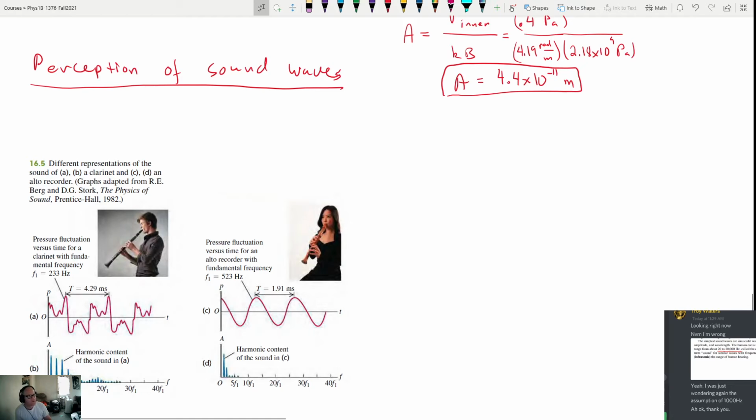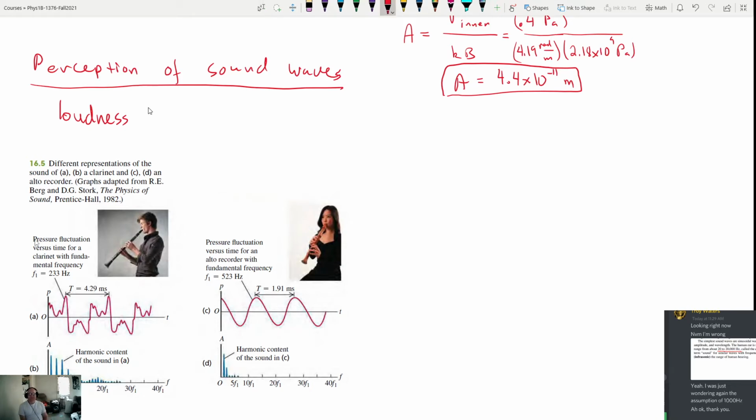When we hear sound, we hear something that we describe as how loud it is, right? Loudness. You can crank up the volume on your stereo or your TV or your phone or whatever, and we can increase the volume of sound, right? Loudness of the sound.